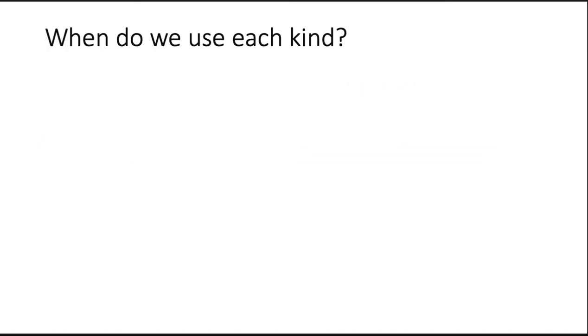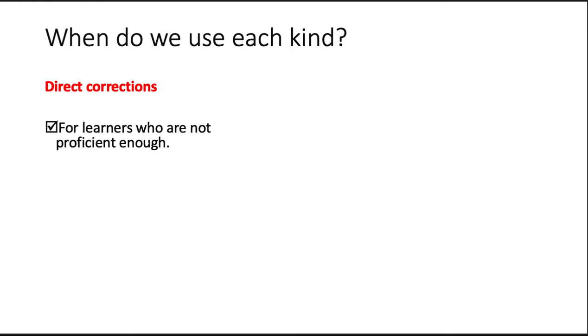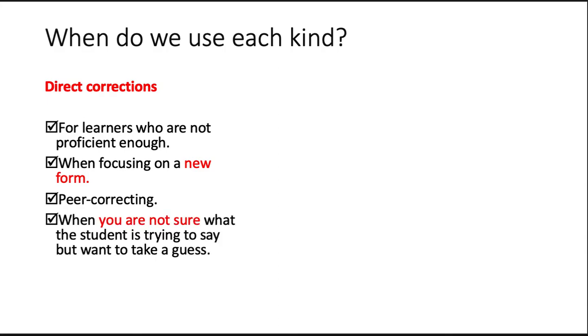So when do we use each kind? We use direct correction for beginners. We use direct correction when focusing on a new form and you're teaching it. Use direct correction when you are getting kids or students to correct each other's work to avoid confusion. Also, when you're not sure what the student is trying to say but want to take a guess, and this happens a lot when you're giving feedback.